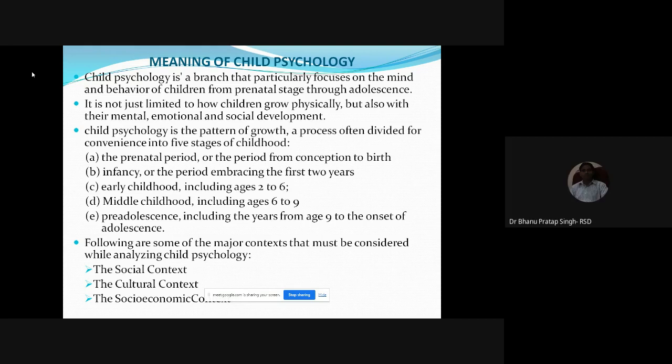Child psychology is not limited to how the child grows physically. It also studies the mental, emotional, and social development of the child.